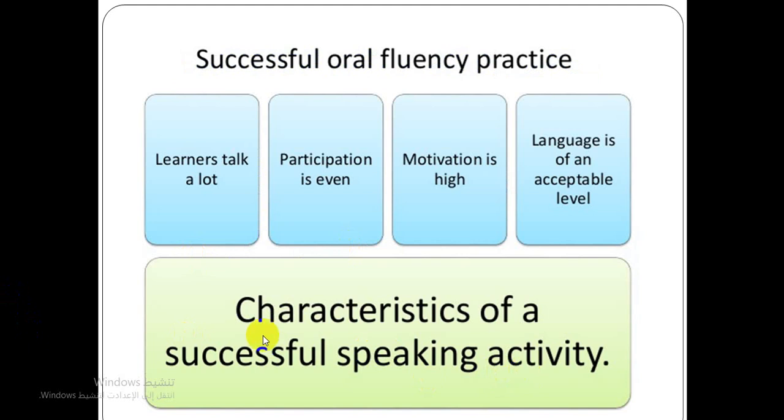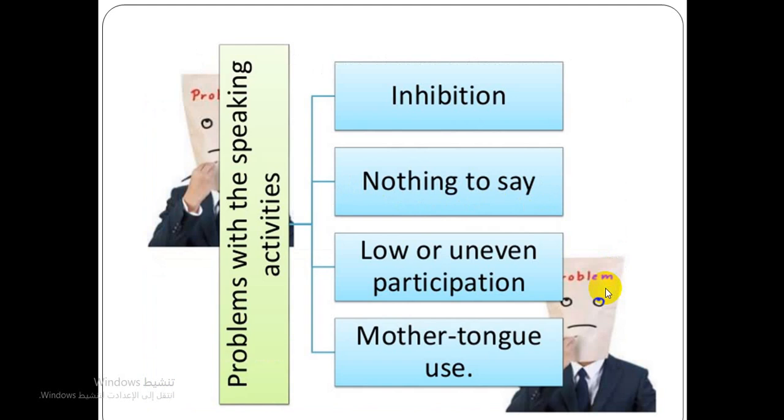In a successful speaking activity, learners talk a lot, participation is even, motivation is high, and language is of an acceptable level. Here, we have some problems with speaking activities: inhibition, nothing to say, low or uneven participation, and mother tongue use.